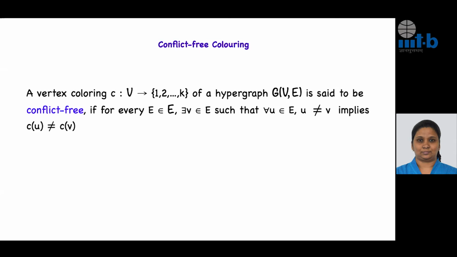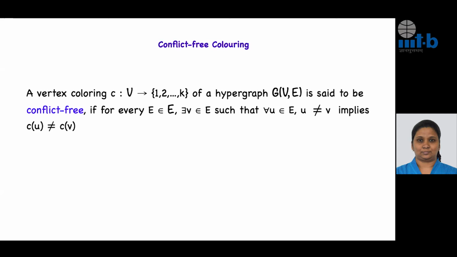In other words, every hyperedge has a distinctly colored vertex, a vertex whose color is not repeated in the hyperedge. So this is the conflict-free coloring problem. It was introduced in the early 2000s, motivated by the frequency allocation problem in cellular networks.